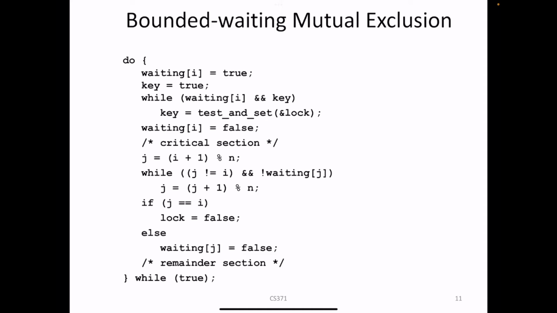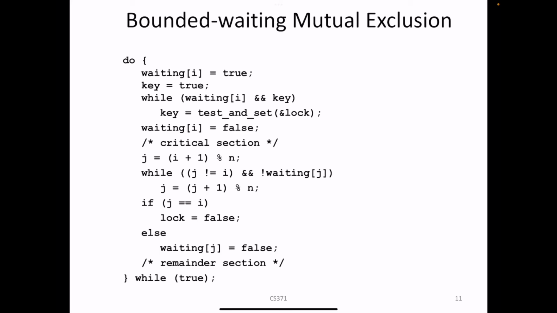Then P0 keeps executing the remainder section. Assuming the worst situation happened, P0 continually goes into another round. Let's see whether P0 can access the critical section again or not. P0 sets both waiting[0] and key to true, then falls into the while loop and calls the test-and-set function.